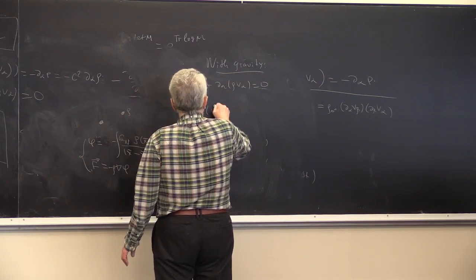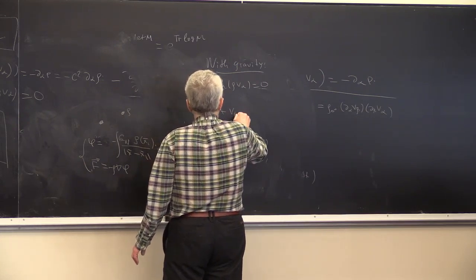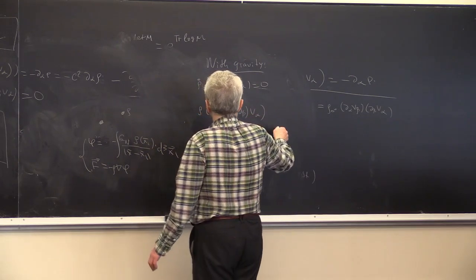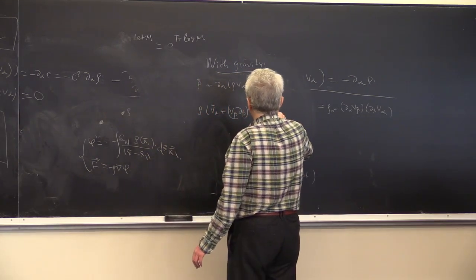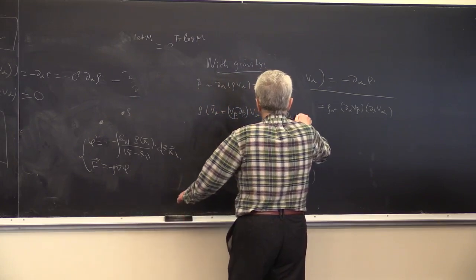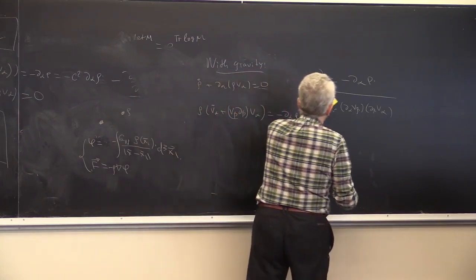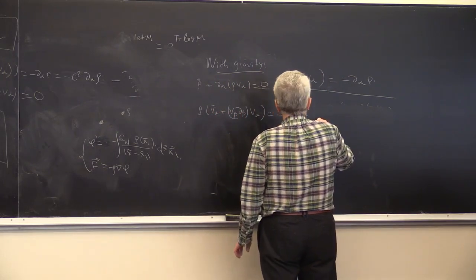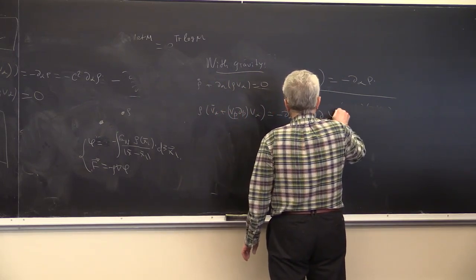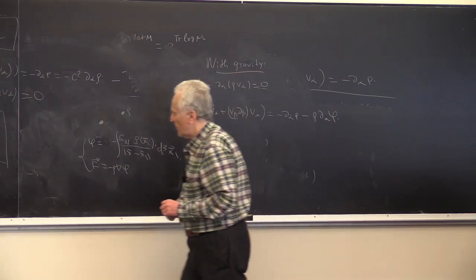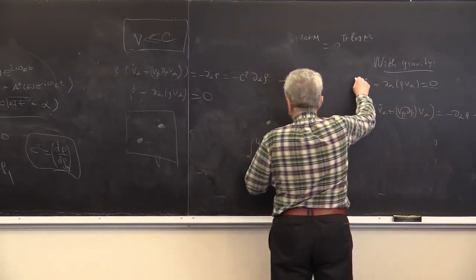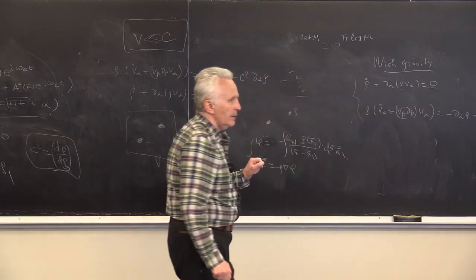And we still have these kinematical terms. And here we have to add minus rho d_alpha phi, and phi is given by this equation.